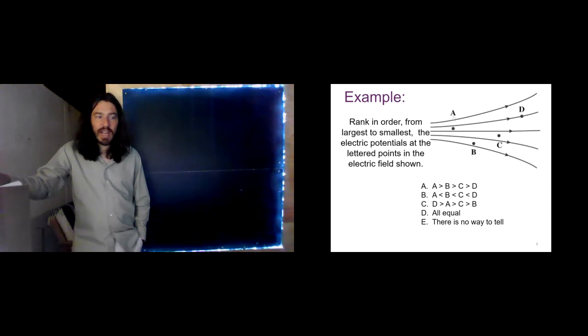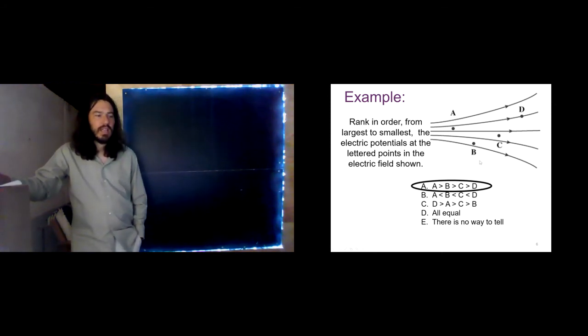Notice that there would be a line, I haven't drawn it here, but there is a line of equal potential everywhere here where we are perpendicular to the electric field. So the potential is the same everywhere along some line right here, perpendicular to that electric field. Everywhere along some line here, the potential is the same. Everywhere along some line right here, the potential is the same. And everywhere along here, the potential is also the same, giving us this ranking here.